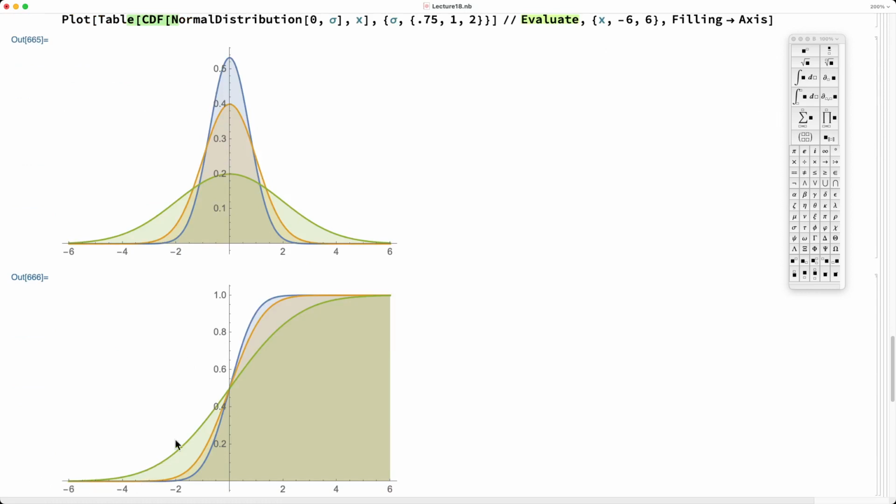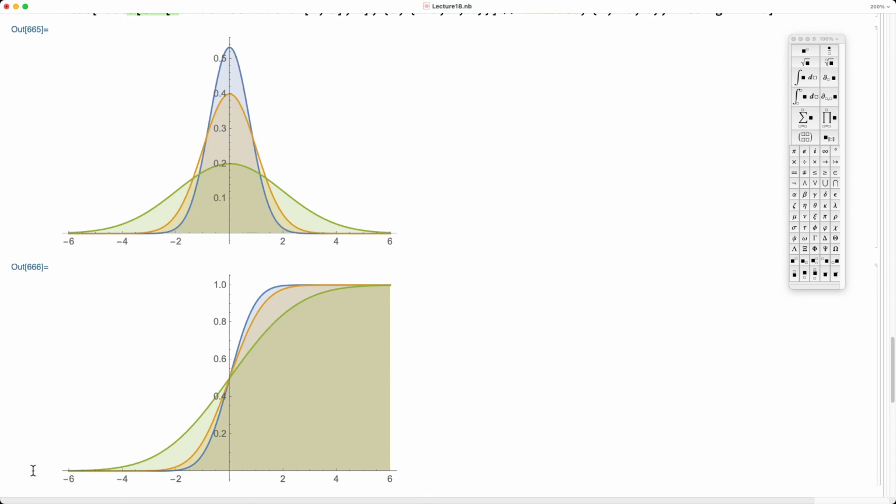And as I keep integrating, I approach 1 asymptotically. And if the normalization of this distribution is 1, then if I integrate from minus infinity to infinity, I should get 1. So for all CDFs, we expect them to go to 0 on the left limit when x goes to minus infinity, and we expect them to go to 1 on the right limit when x goes to infinity.